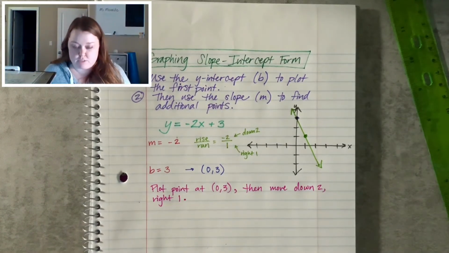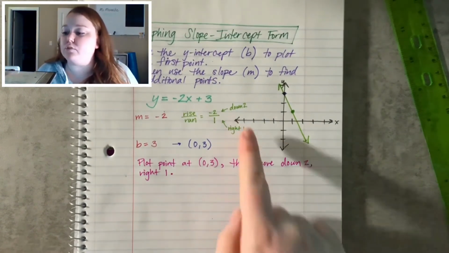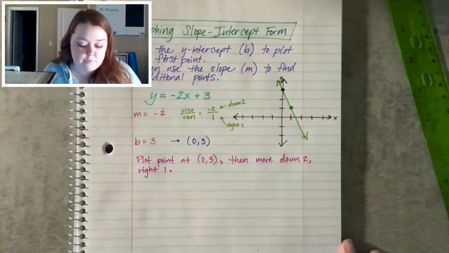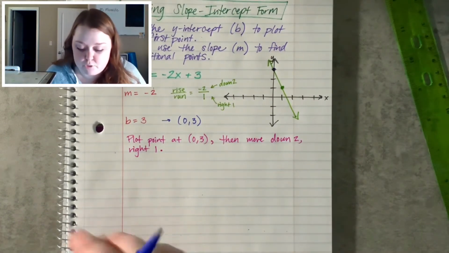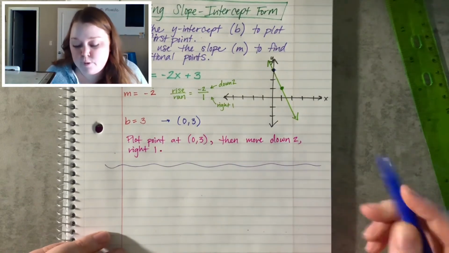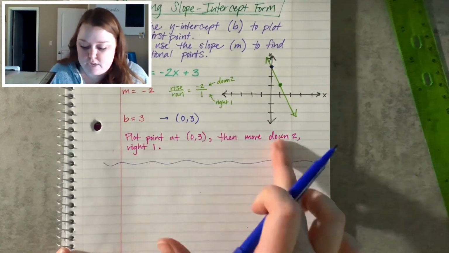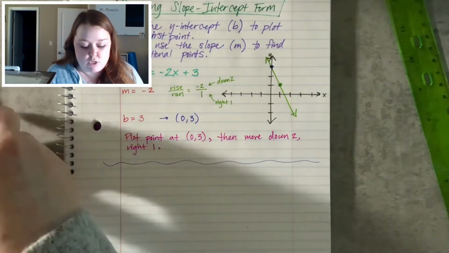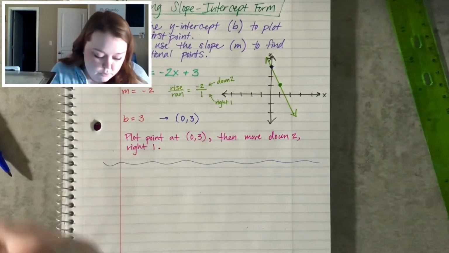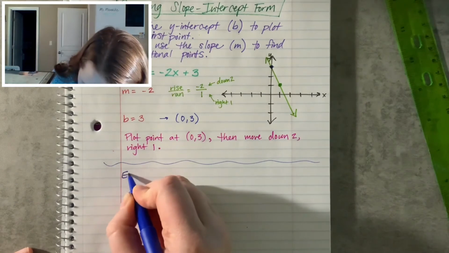Okay, so that's kind of your summary for how to graph this. Now, I am going to show you on Delta Math how to plot some things, but I think it's good for us to do an explanation like this. So this we're going to call explain how to graph.